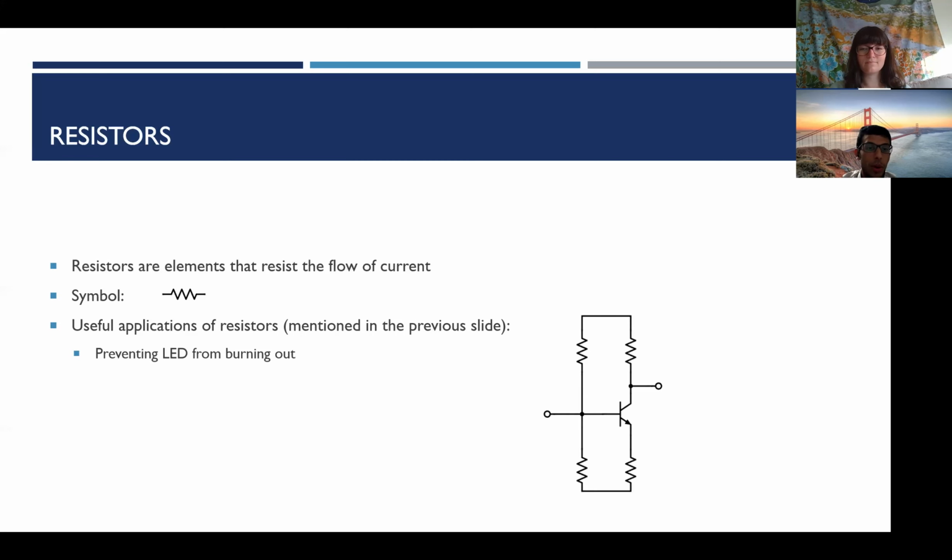Another example that we talked about before is, and I apologize for the wrong text here, it should be saying that this is a biasing circuit. Over here is what we call a transistor amplifier. We put a signal in on this side, and on the other side, on this node on the right, the signal comes out amplified. To amplify the signal correctly, we need to set a bias point voltage right here. We need this point at the input to be 0.7 volts above this point over here for the circuit to work correctly.